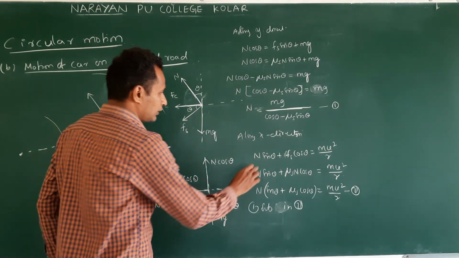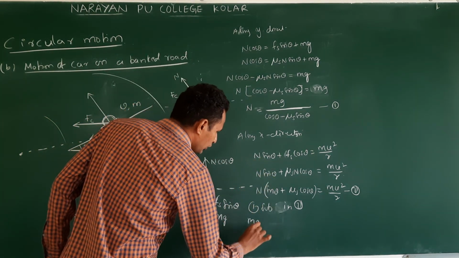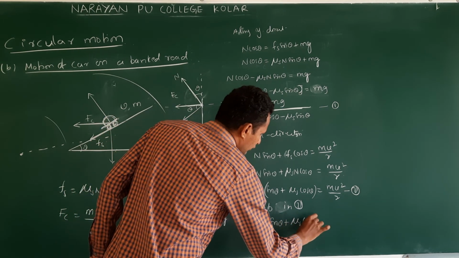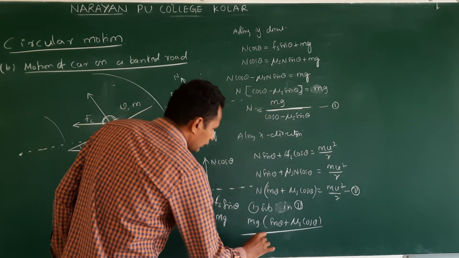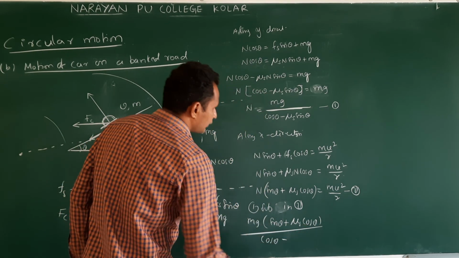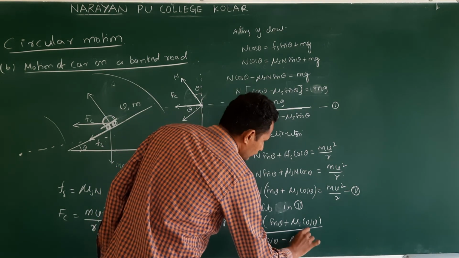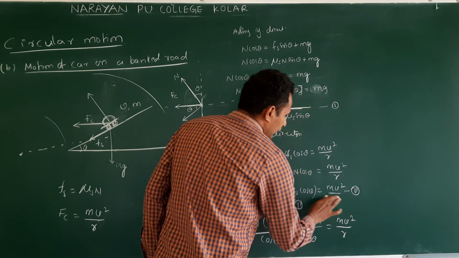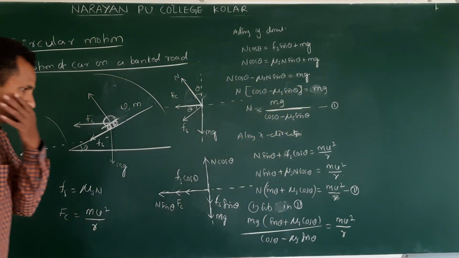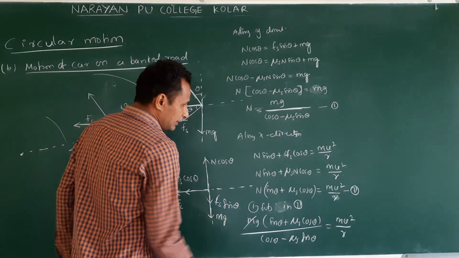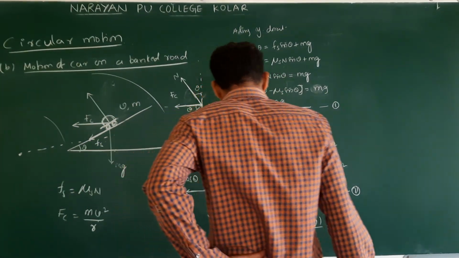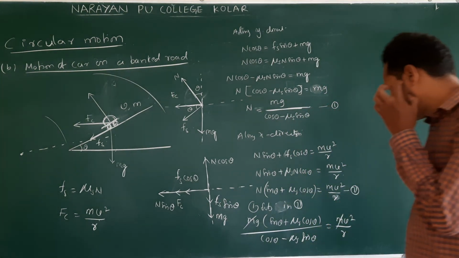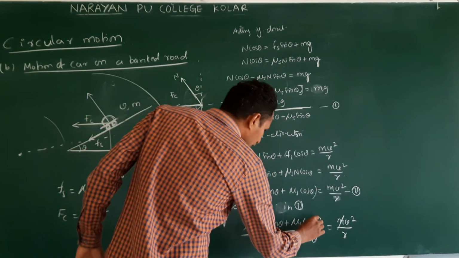Here what do you get? Mg into sin theta plus mu s cos theta by cos theta minus mu s sin theta is equal to mv square by r. Right? M will be cancelled. Then we have to simplify this equation.